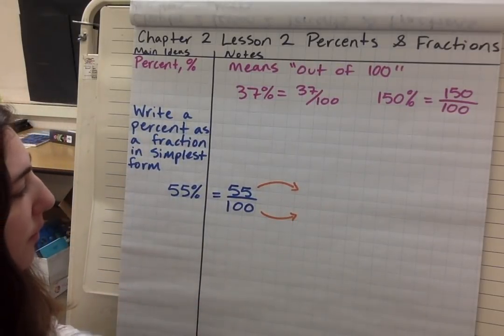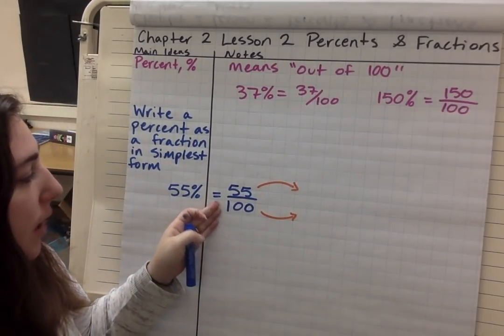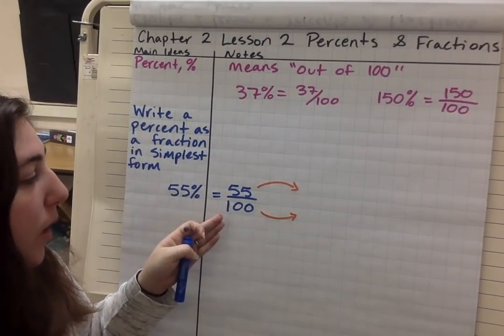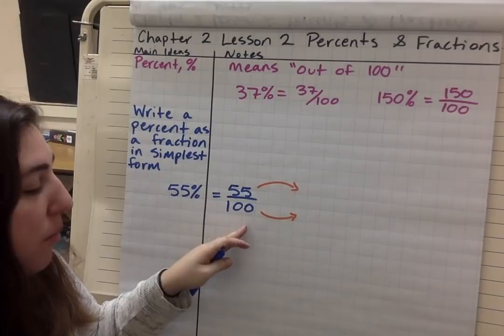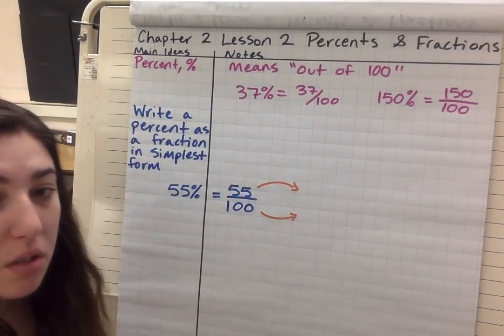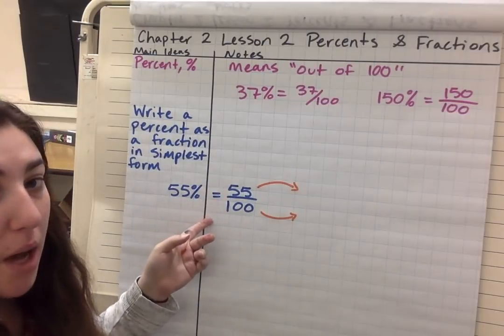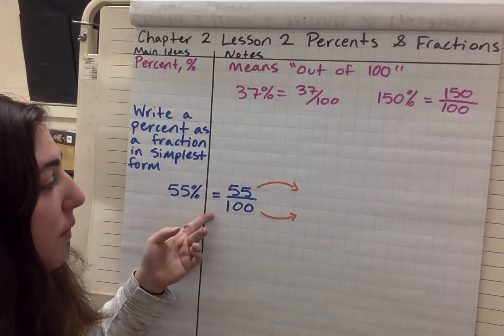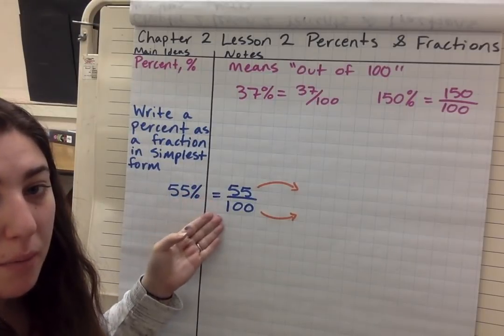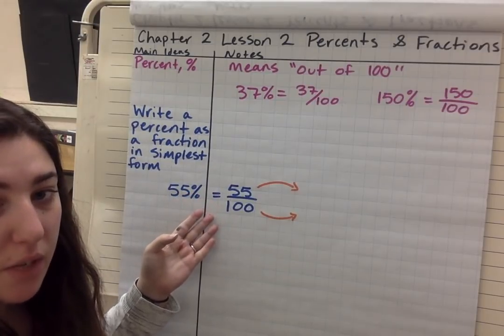Okay, so when I'm simplifying, I'm choosing a common factor that these two numbers have. And remember, whatever number I divide or multiply top or bottom by, I need to do the same to the top or bottom. Just like we've been working on almost all year, whatever I do to the top, I'm going to do to the bottom, and vice versa.